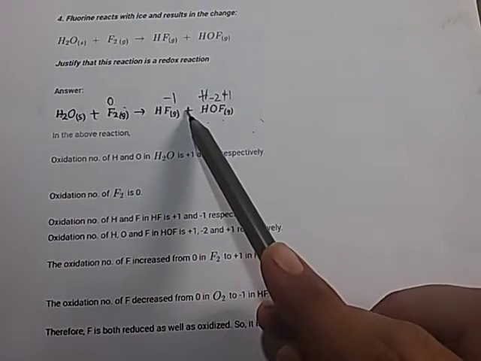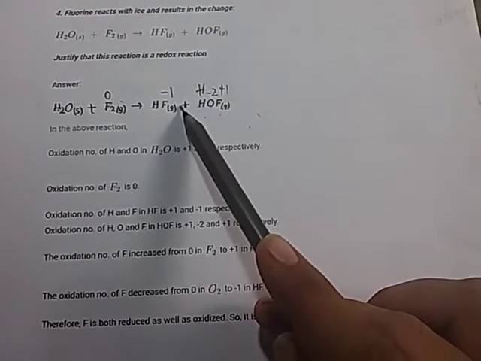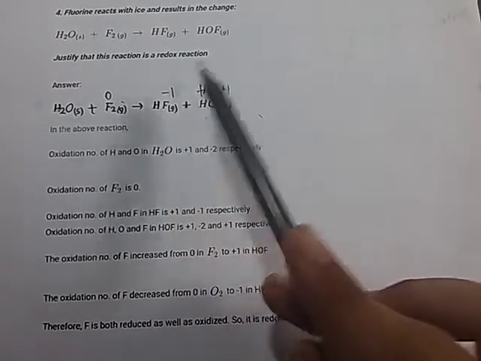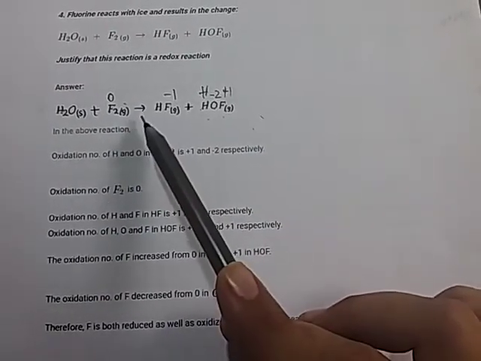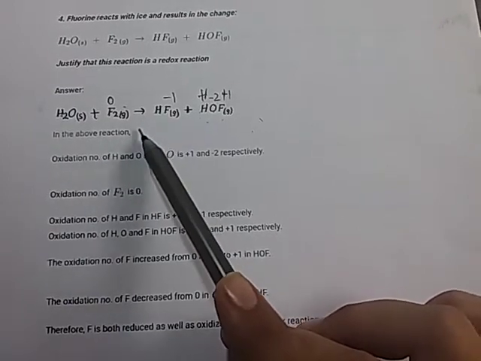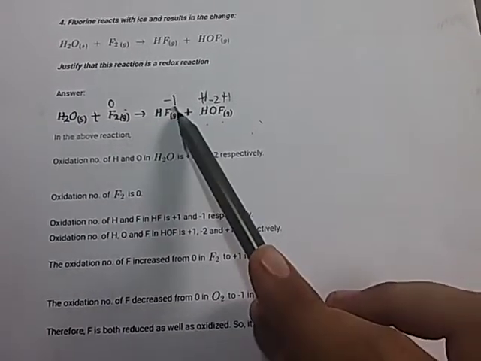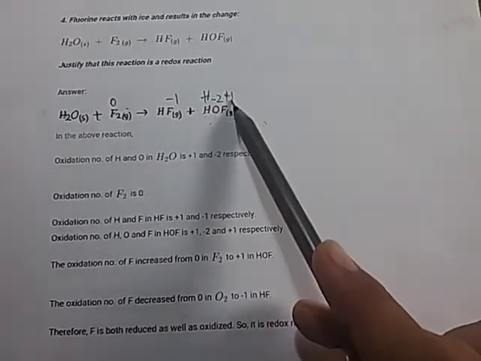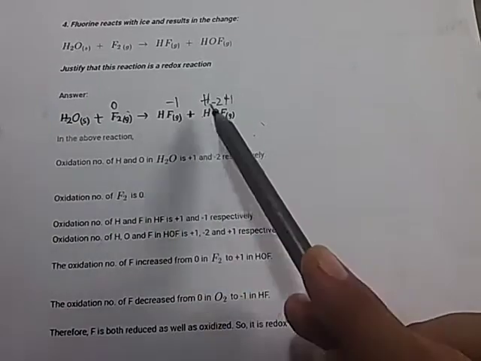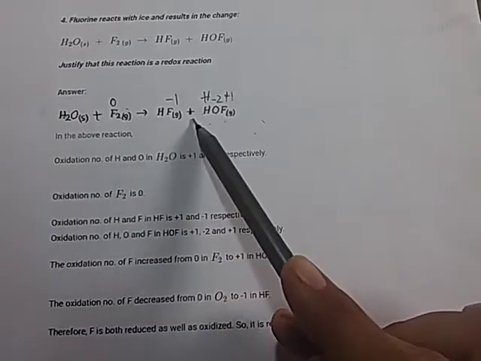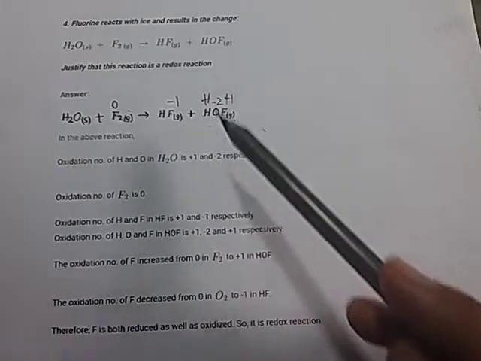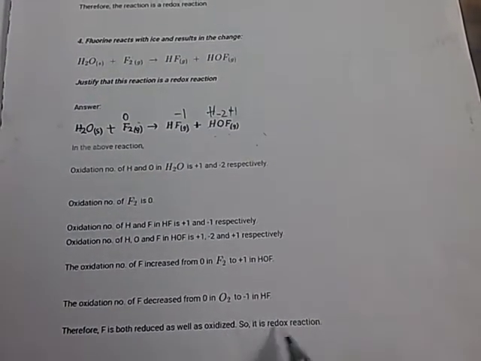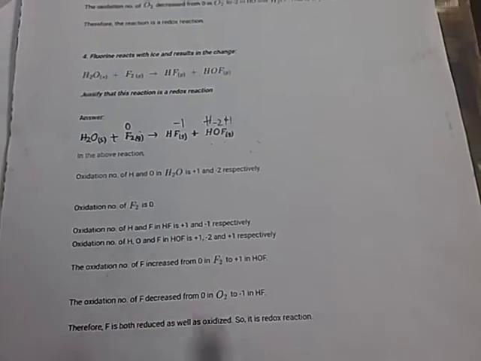And fluorine goes from 0 to minus 1, a decrease in oxidation number, so reduction. It depends on your choice: you can use oxidation number, or loss and gain of electrons. 0 to minus 1 is gain of electron, so reduction, and 0 to plus 1 is loss of electron, oxidation. Both oxidation and reduction occur, so this reaction is a redox reaction. Fluorine is both reduced as well as oxidized.